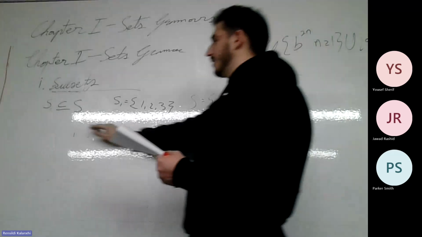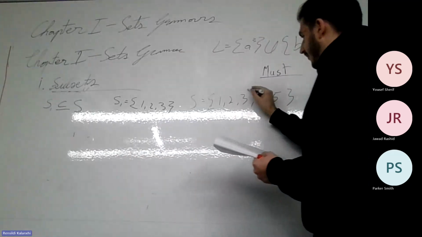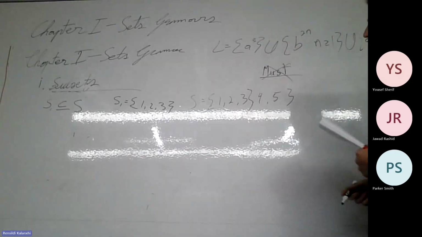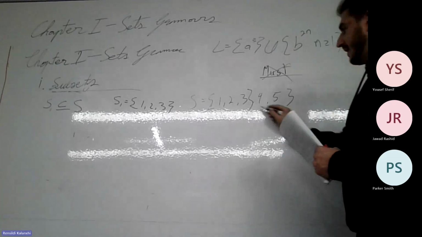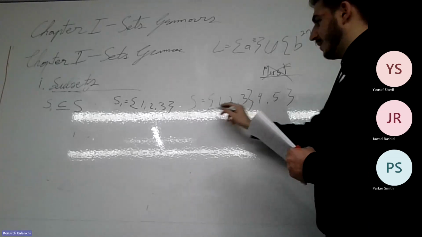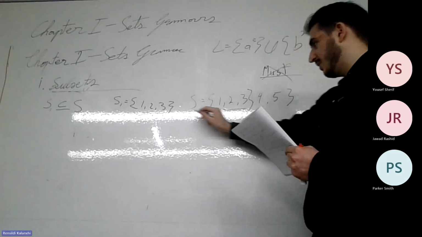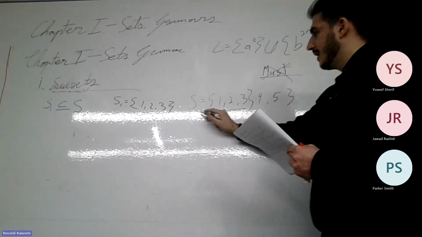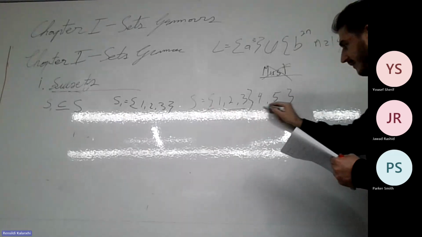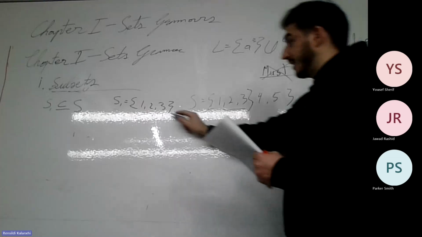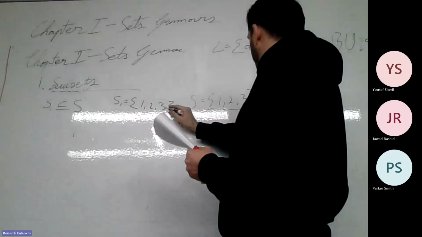Oh no, but it says equal. Yeah, so it's not a must. The subset can be exactly equal to the set, but the set can also have 1, 2, 3, 4, 5.